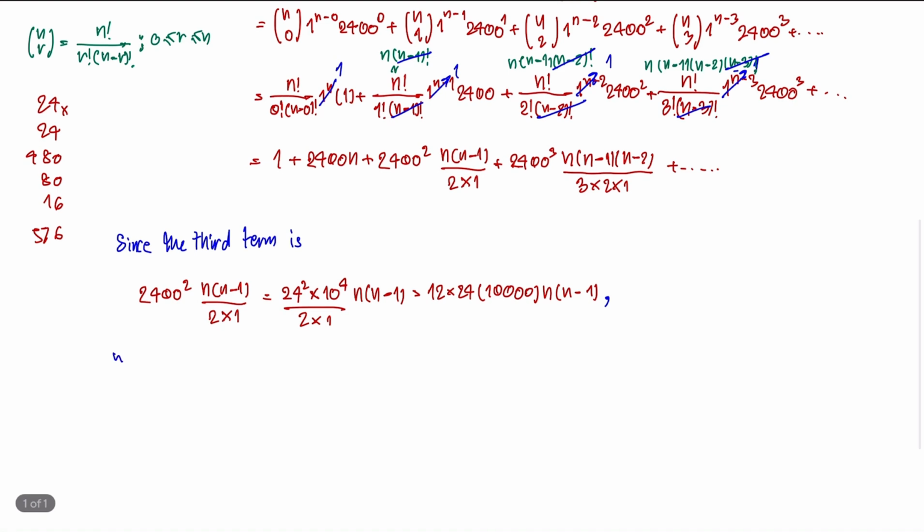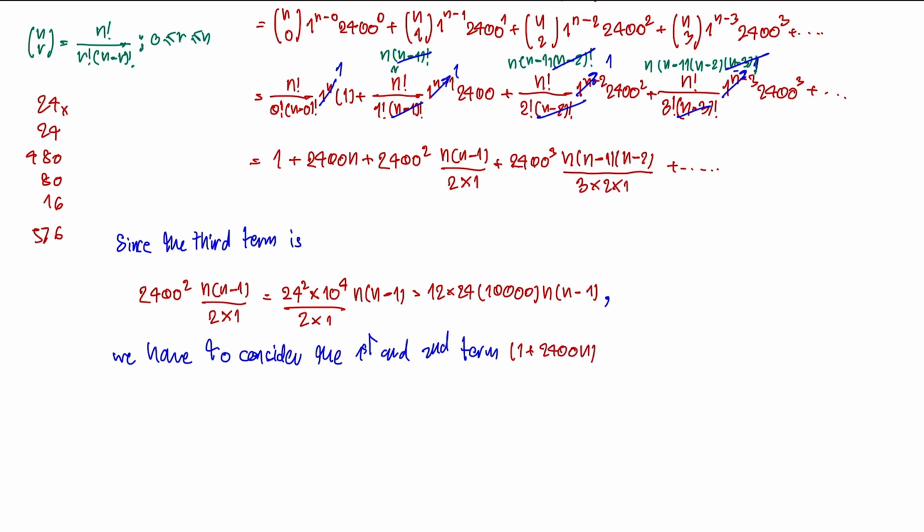We have to consider the first and the second term, especially 1 plus 2400n, to get the last 3 digits of 7 raised to the power of 999. Okay, so let's get started.